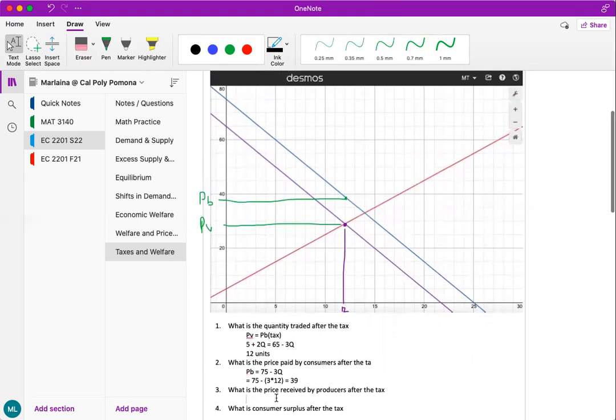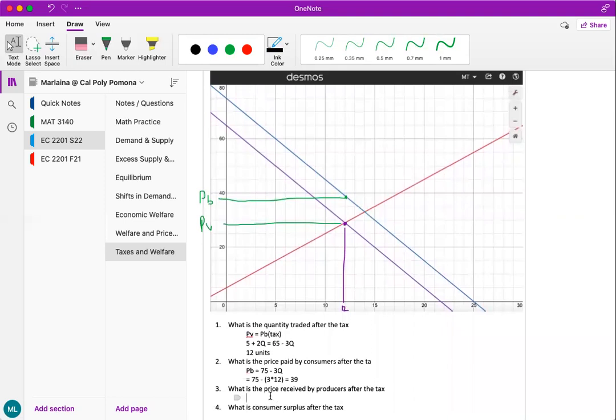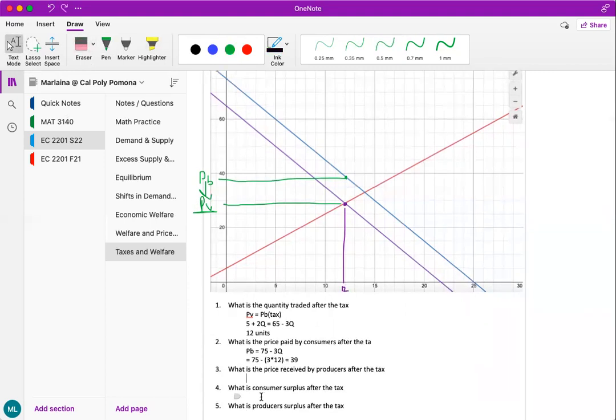Now we're going to look at what price the producers receive after the tax. Again, it's this intersection point right here. This price is going to be lower than what consumers are paying, because the tax is taken out of what they actually receive. But this is still along the original supply curve, so we can just plug the quantity into the original supply curve. That's PS equals 5 plus 2Q.